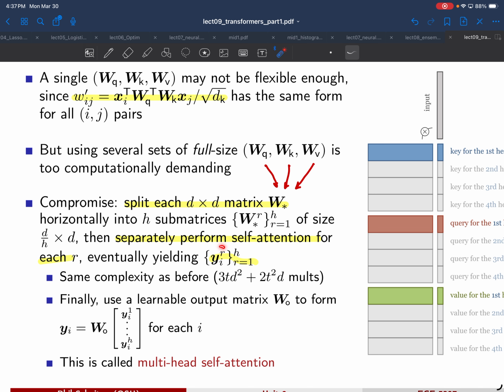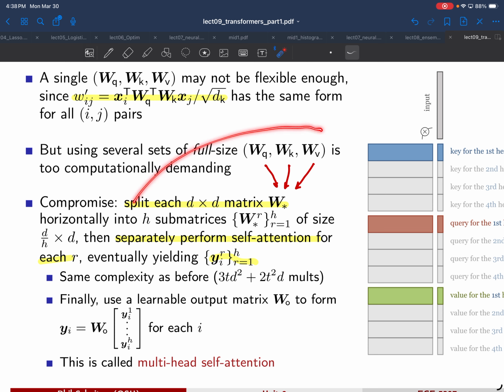Now these yi's, because we have reduced the dimensionality of these heads, are all 1/4 of our full embedding size. So here we're stacking them back together to get back to the full embedding size. And then there's going to be one more learnable matrix that can combine these different versions of attention to get the final output yi.